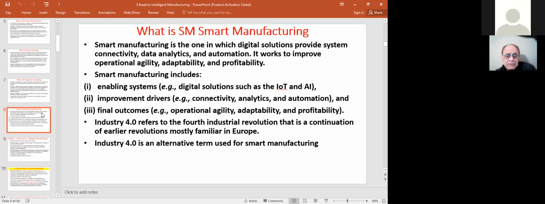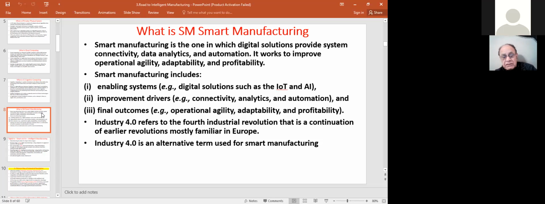Smart manufacturing has three stages, or three elements, or three systems. One is an enabling system, that is digital solutions such as IoT and AI, that is artificial intelligence. The second part is improvement drivers, which provide you connectivity from one computer to another, from a device to a service: connectivity, analytics, and automation.